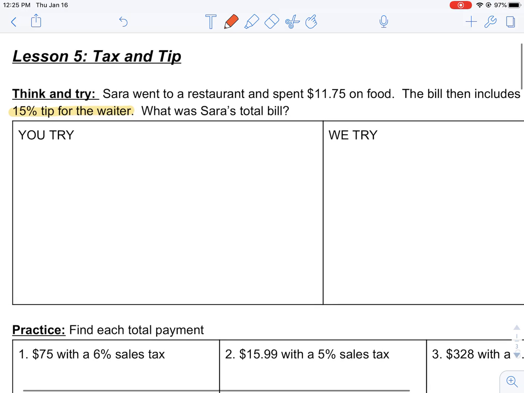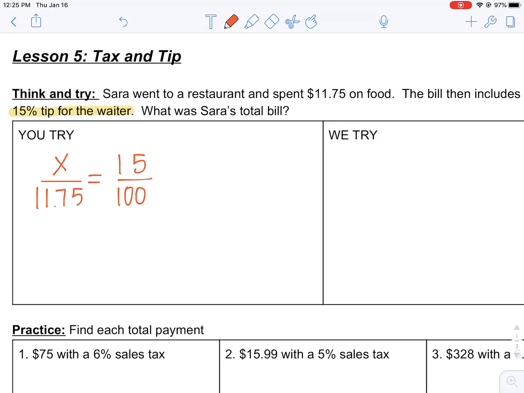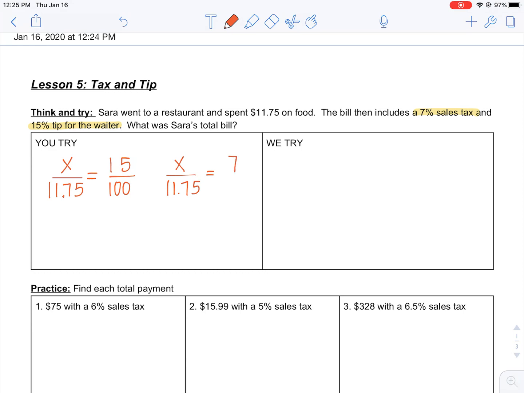So for the $11.75, I want to find 15% for the tip on $11.75. Remember, $11.75 is the total, so it goes on the bottom. And then I also want to find the 7% sales tax. So I set up two separate proportions.